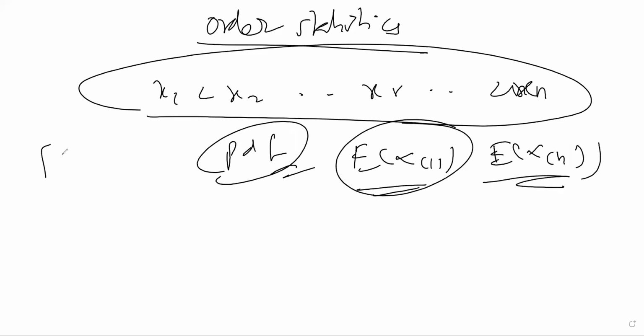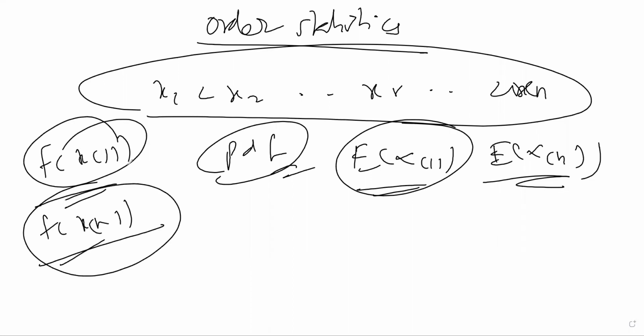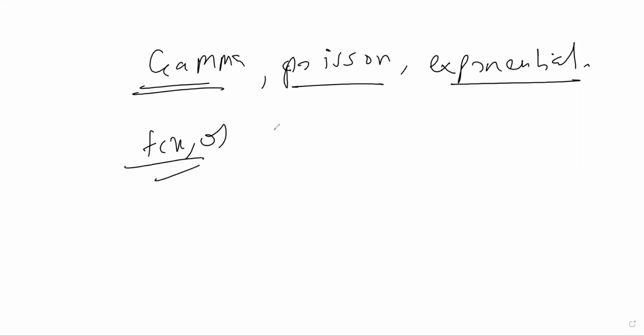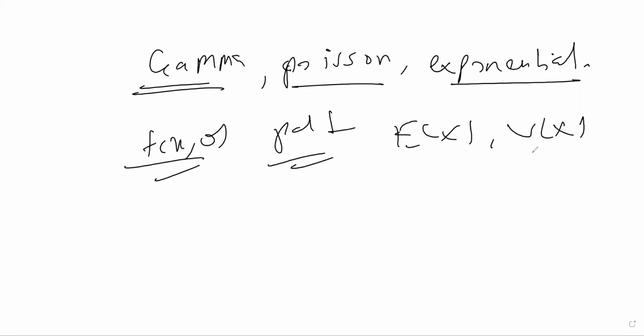So f of x1 and f of xn, you should be able to find quickly. And then we introduced gamma distribution, Poisson distribution, and exponential distribution also, I think. So you should know f of x comma theta, its PDF, expectation and variance. These 3 properties, not more than that.